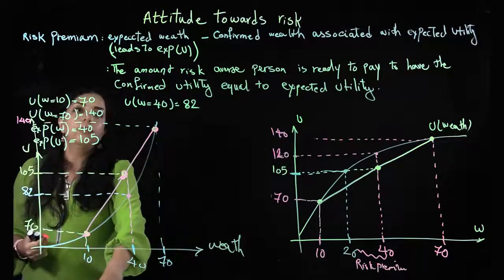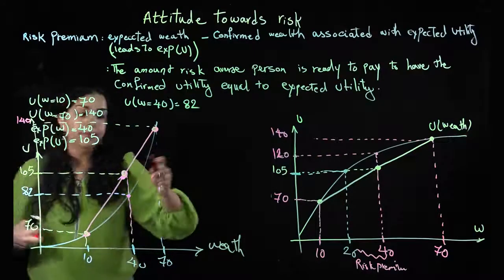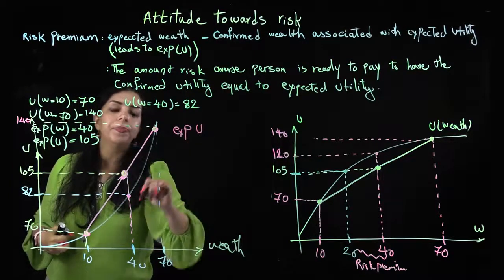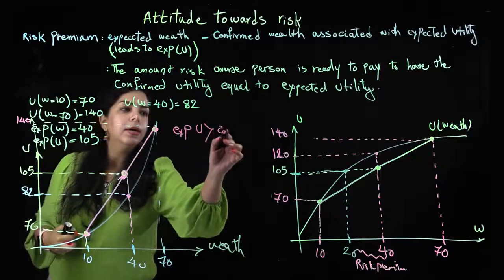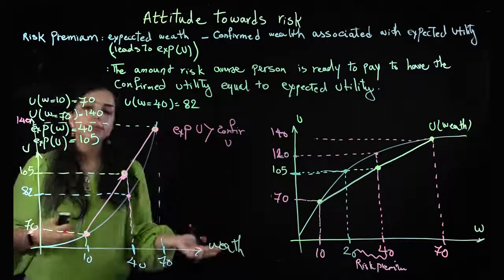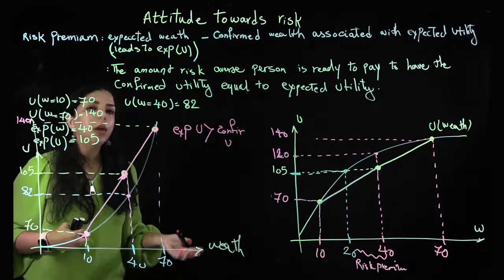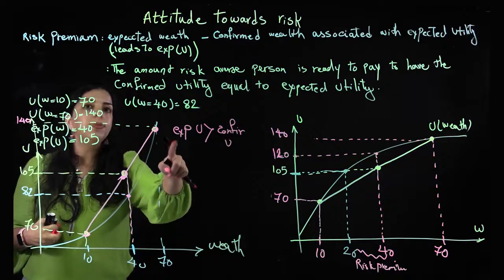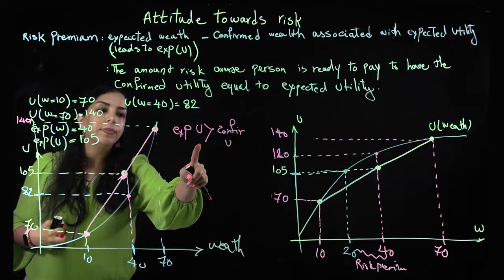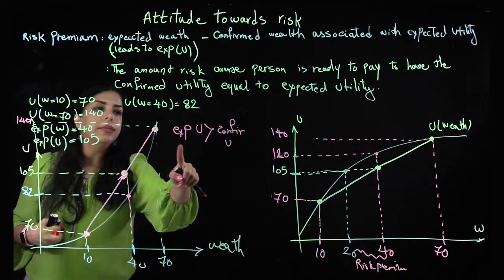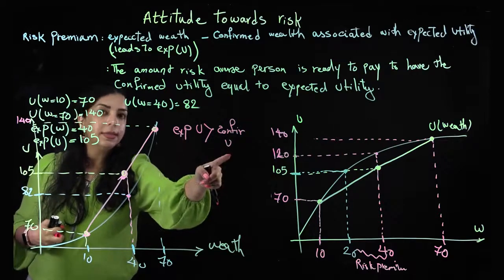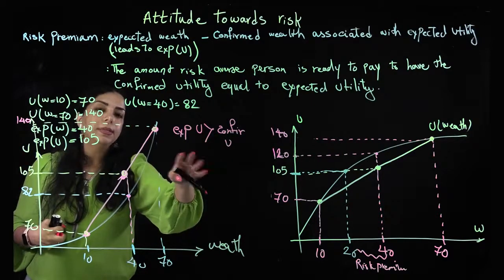As you can see, for the risk lover person the expected utility is more than the confirmed utility. Why? Because this person is a risk taker, risk lover, ready to take more risk. Of course, his utility is going to be higher. Once we see that the expected utility is bigger than the confirmed utility, we know that the person is risk lover.